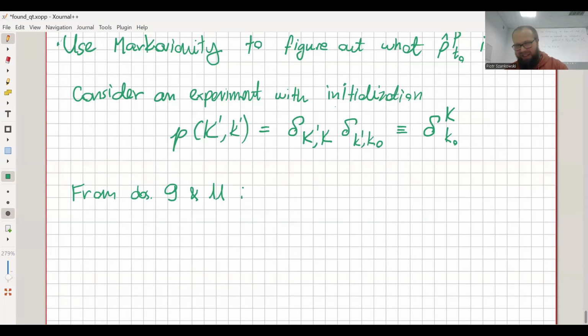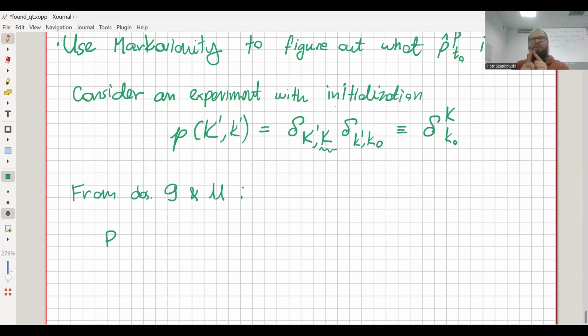So this is our initialization, and now let's make the measurement. Let's make it also with the device K, immediately after the initialization.